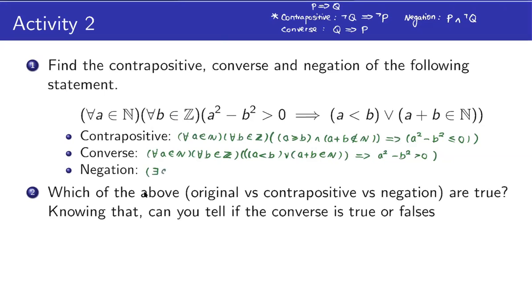There exists A in natural number. There exists B in integer such that, okay, so you need to negate this.